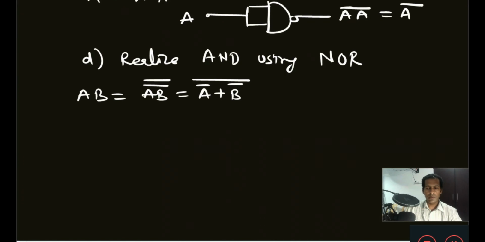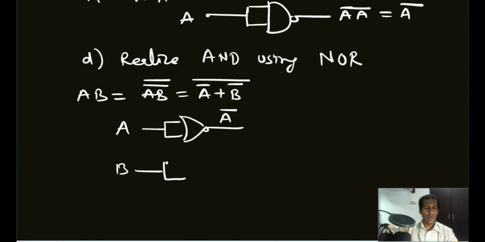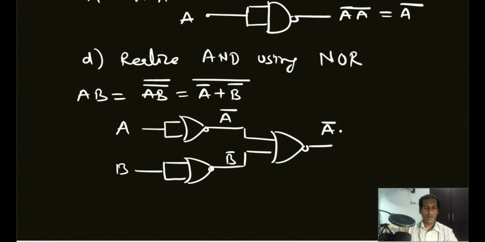So this one we can connect with NOR gates: we give input A common to both the inputs of a NOR gate, so here we will get A bar. Similarly we connect B commonly to a NOR gate, here we will get B bar, and its output we can connect to the next NOR gate, so here we will get (A bar plus B bar) whole bar is equal to AB.